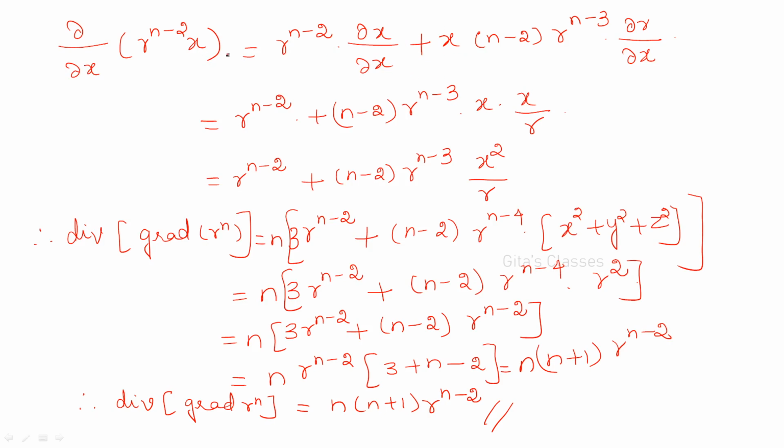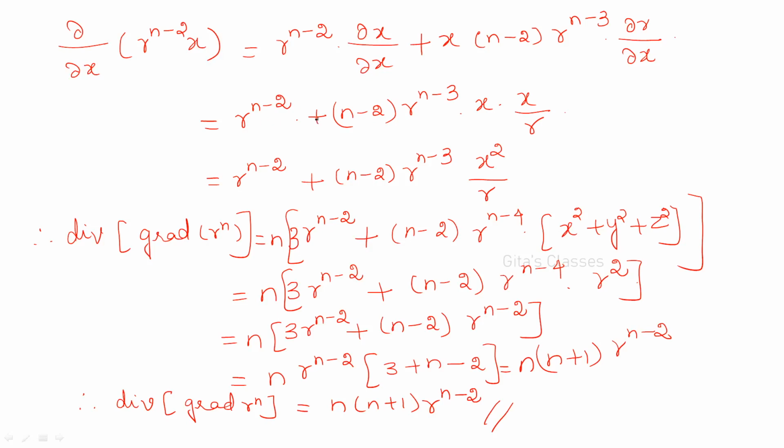Plus you keep x as it is, so x into the derivative of r^(n-2) partially with respect to x. So plus x into (n-2) r^(n-3) into ∂r/∂x, because r is a function of x, y, z. Okay. Now simplifying, ∂x/∂x is 1.